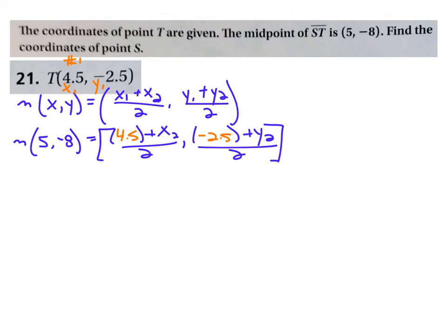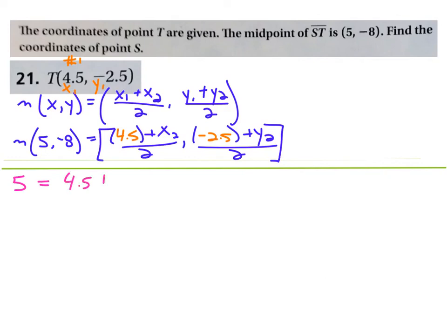So we're going to draw a line here. Okay. And say 5 is equal to 4.5 plus x2 divided by 2. So multiplying both sides by 2.